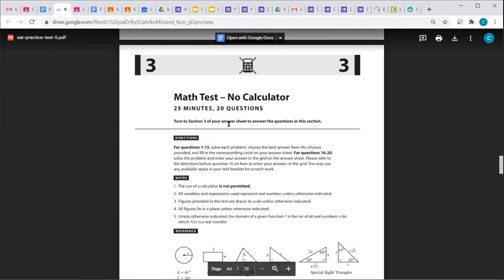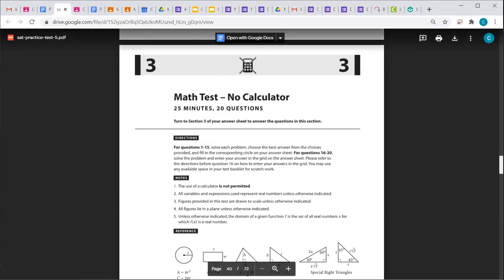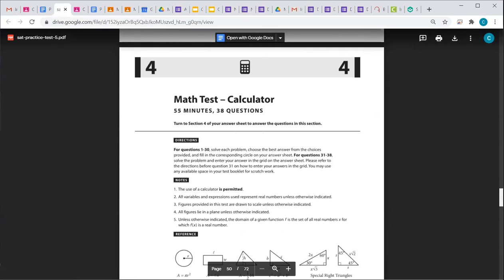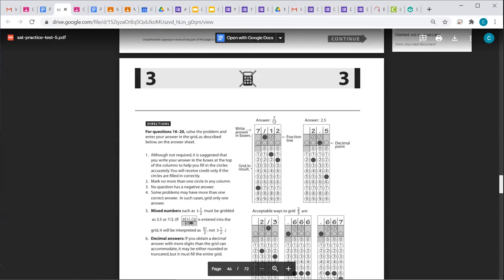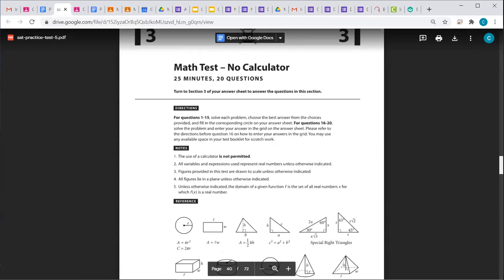Remember to time yourself. Section 3 is 25 minutes and section 4 is 55 minutes. Section 4 you can use a calculator, so be sure to have a calculator ready. Now, for the practice test, you don't have to do one after the other, but please try to time yourself.